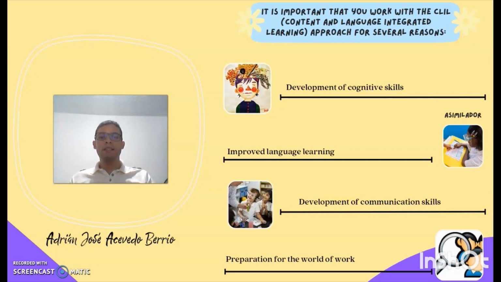As we can see in the picture of the presentation, here we see a person who has many things inside his or her head, and that is what we want to point out about the development of cognitive skills.